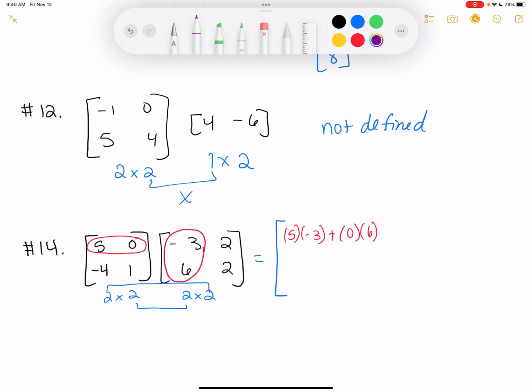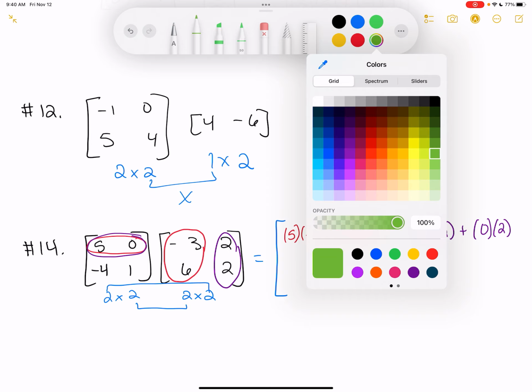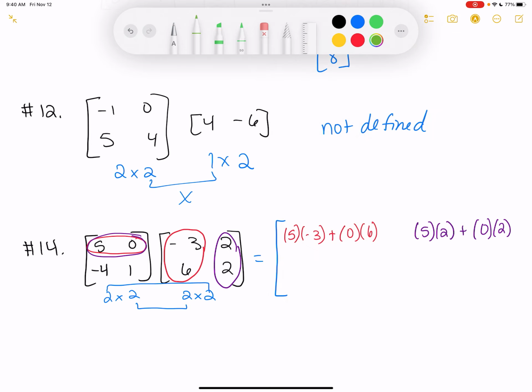Then first row, second column is what's going in this top right spot: 5 times 2 plus 0 times 2. Now I come down here, second row, first column: -4 times -3 plus 1 times 6.